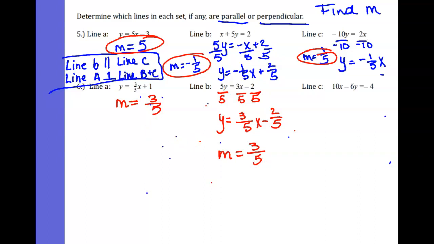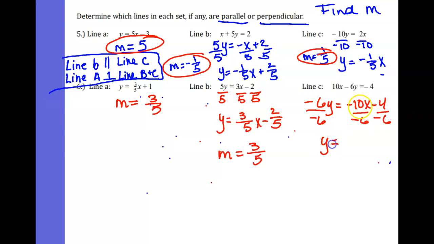All right, let's look at C. We're going to subtract 10x from both sides, and we get negative 6y. Oops, my pen had died. Why did my pen die? Okay, there it is, negative 6y equals negative 10x minus 4, and then we divide by negative 6.